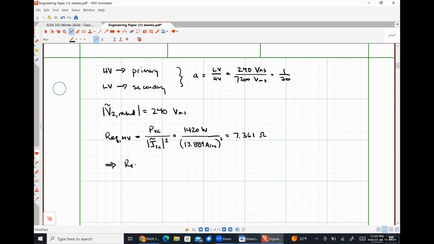So REQ on the secondary is just going to be REQ high voltage times A squared. So that's 7.361 ohms times 1/30 quantity squared. And I got 8.179 milliohms.